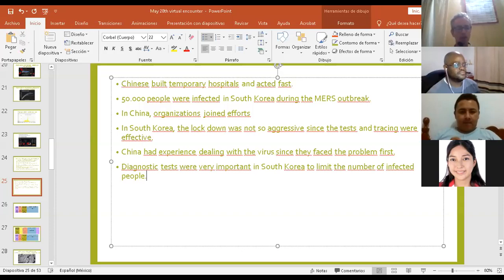Teacher, the very beginning said the countries didn't shoot down the virus curve. Shoot down means get down. Yes, it's the same as lockdown.